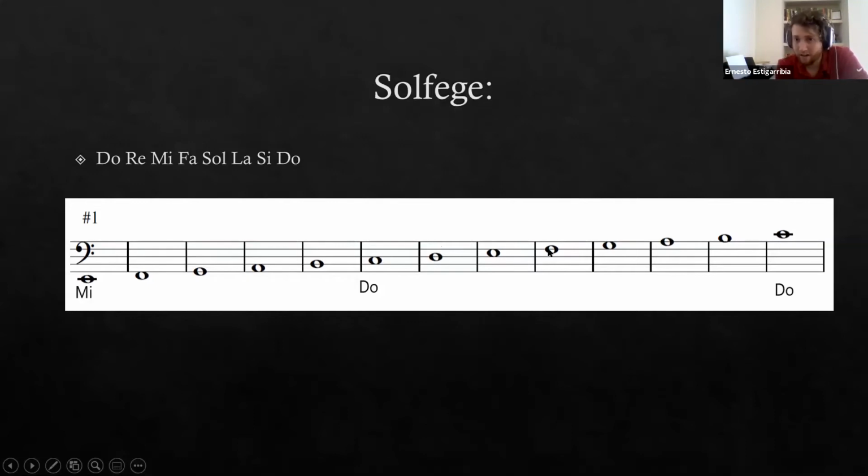So this note right here is Fa. We know that because the clef tells us that. And then you calculate all from there. I gave you the answer for the first, the last, and then this Do here. Can you please write down all the syllable solfege below those notes?